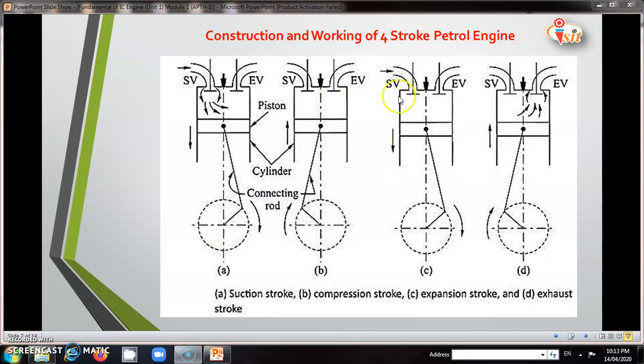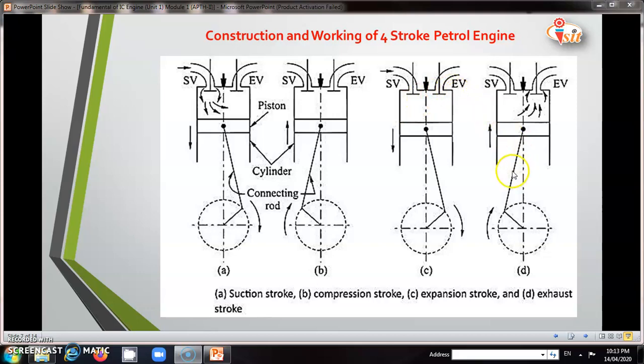Here the piston suddenly starts moving from TDC to BDC, and the power stroke is completed. This power stroke is also called the expansion stroke. In this case, both the suction valve and the exhaust valve are closed.